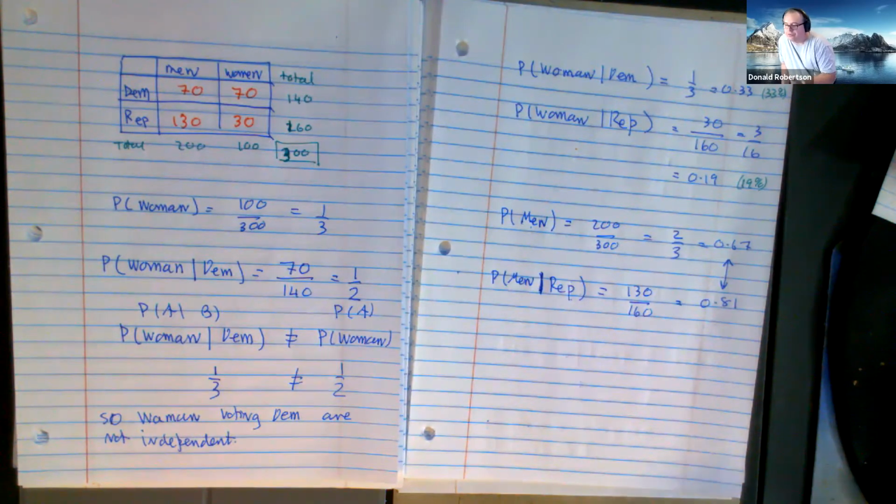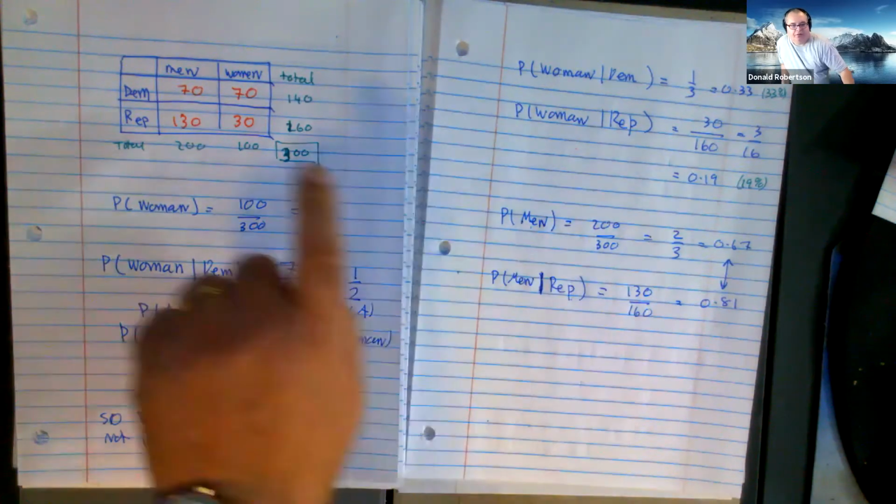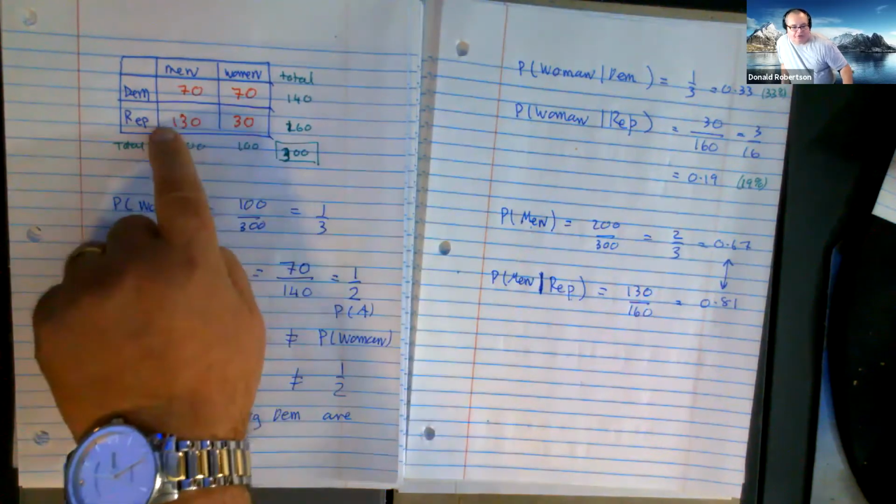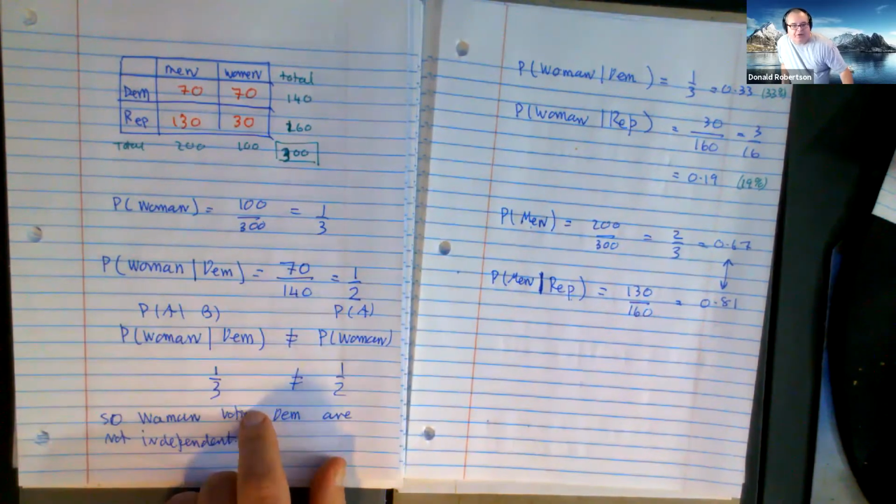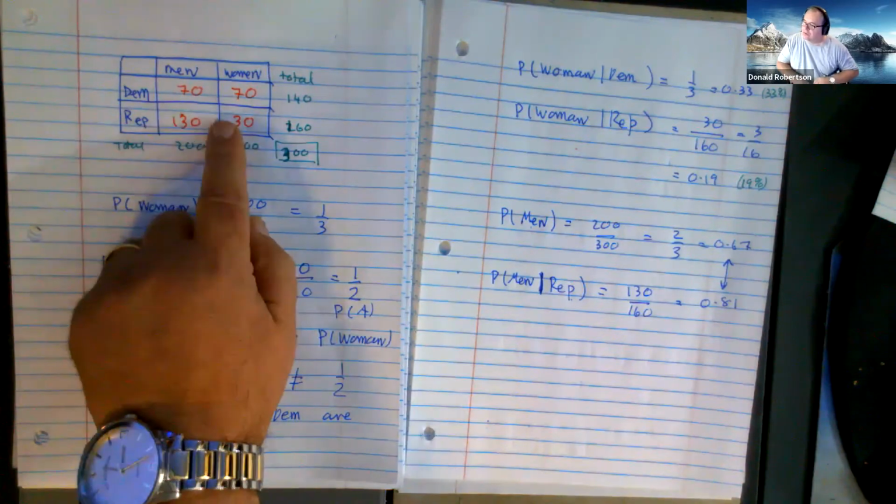For whatever reason, that's a pattern that at least has happened over the last few elections. There are always going to be changes, right? But what we're able to do now is we can analyze this table using conditional probabilities and find out whether things are connected or not.